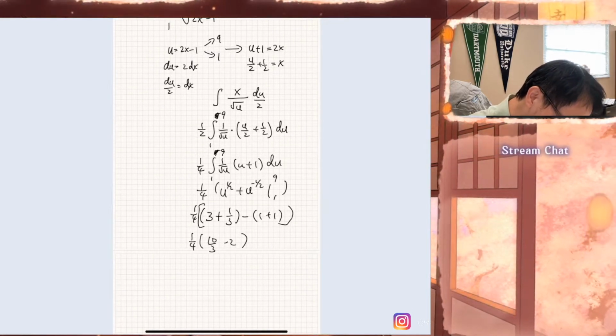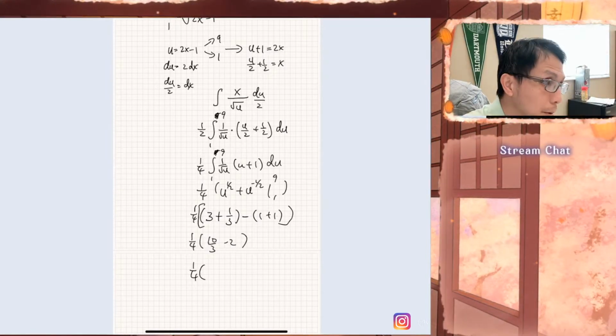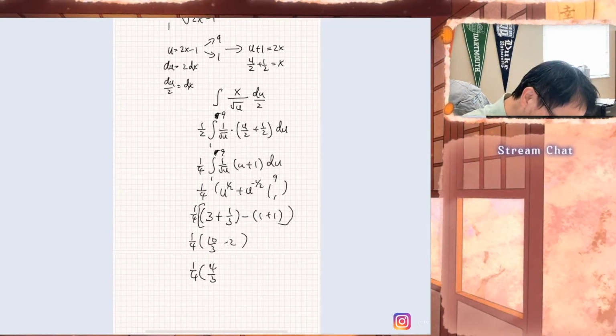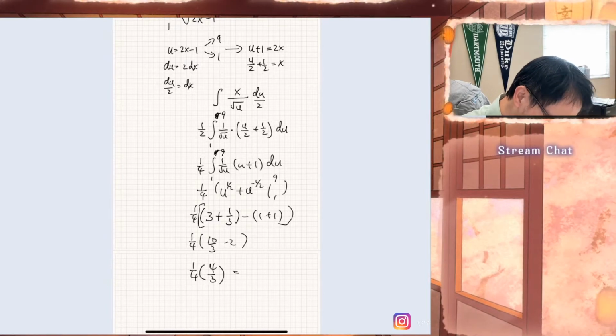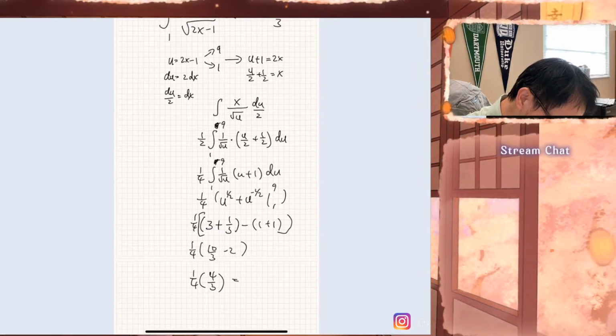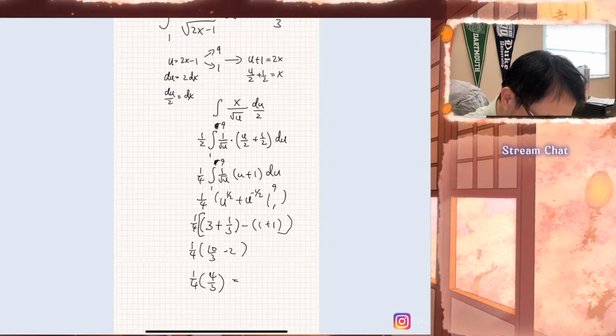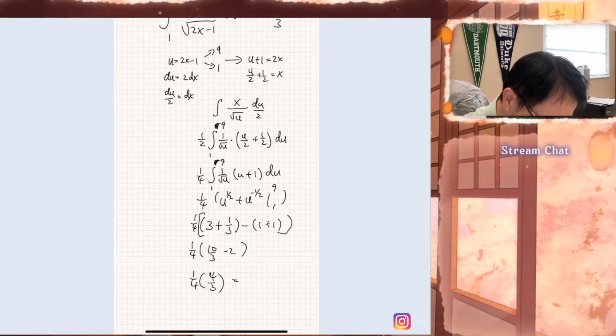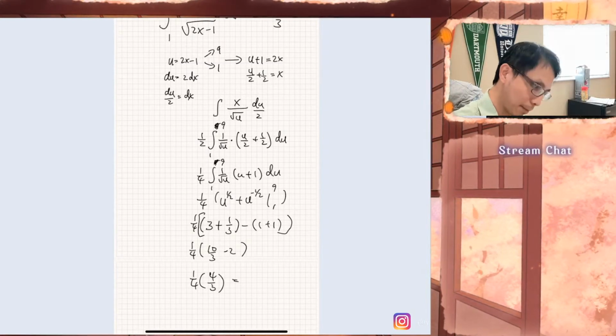Maybe I did something wrong. 1/4 times 2, so that's going to be 4/3. That should be 4 outside. Something's wrong. I will have to redo this one.